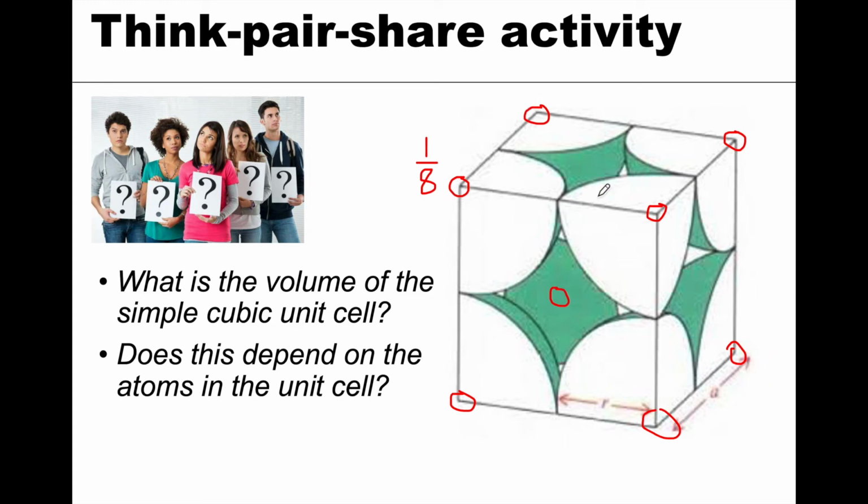So at each corner, there's 1/8 of an atom. So basically 8 times 1/8, right? So this means that we have 1 atom, 1 atom per unit cell.